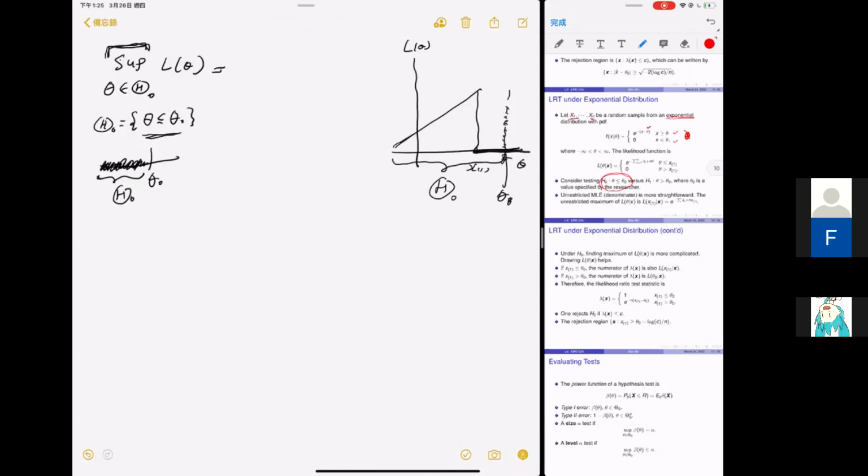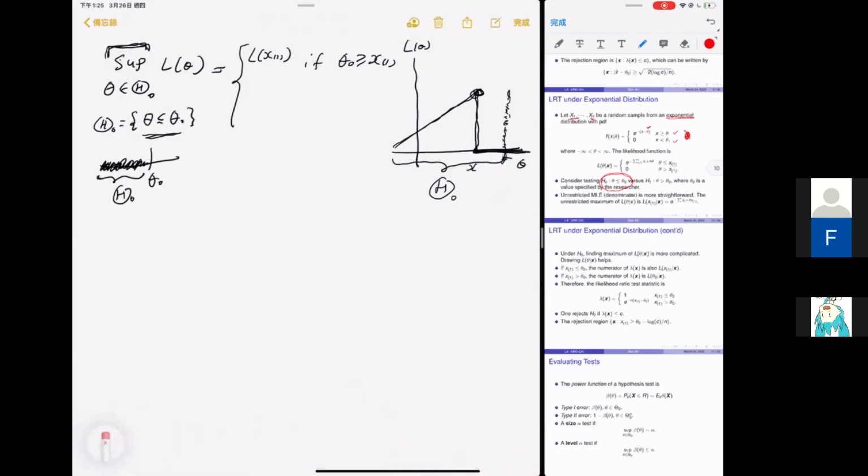Looking at the likelihood function, which point maximizes it in this null space? Nothing but x1 again. So if theta 0 is bigger than x1, the maximizer of the likelihood function will also be x1.